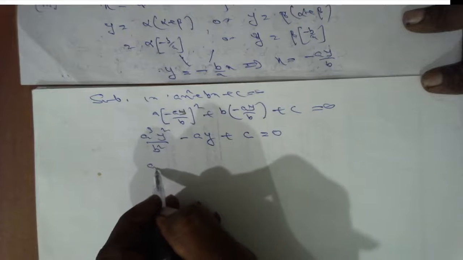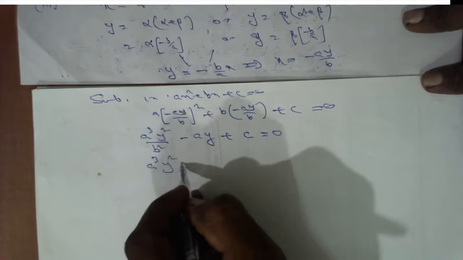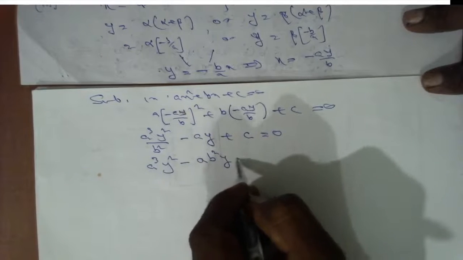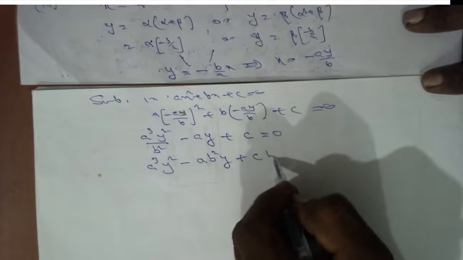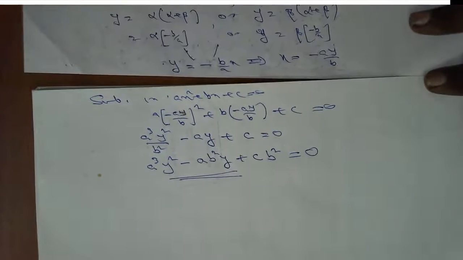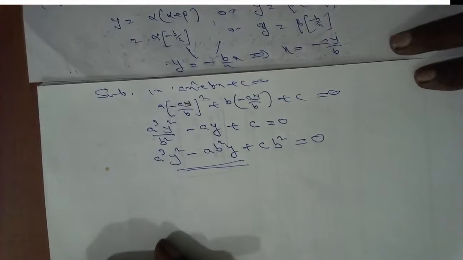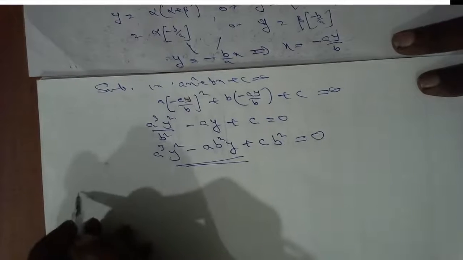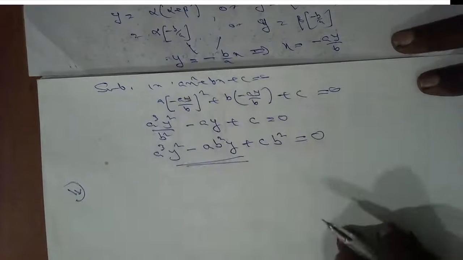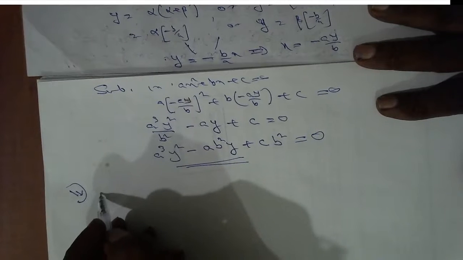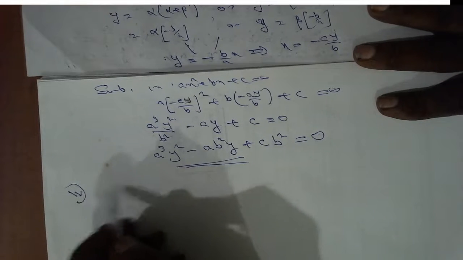So you have a cubed y squared minus ab squared y plus cb squared equals 0. So this is the required quadratic equation, right? If you take part 4, very similar, very easy, no? You can manage that one, right? I leave it for your homework.